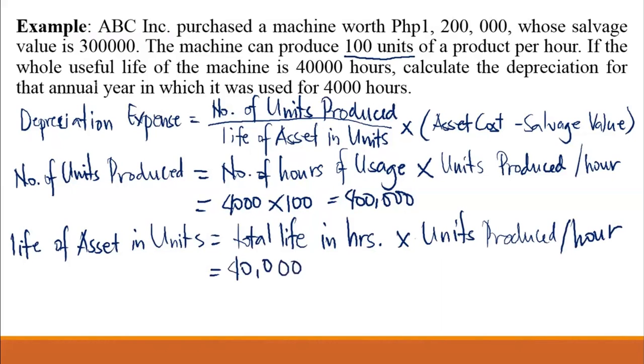Ayan, so it was mentioned already in the problem that the whole useful life of the machine is 40,000 hours. So, 40,000 times 100. Kaya, this is now equal to 4 million. Tama ba? 4 million? Ayan. So, 4 million life of assets in units.